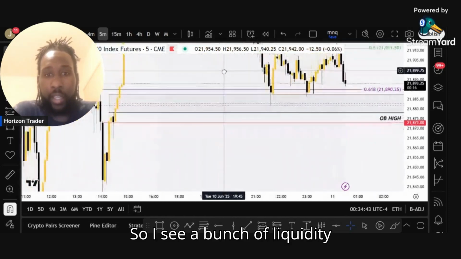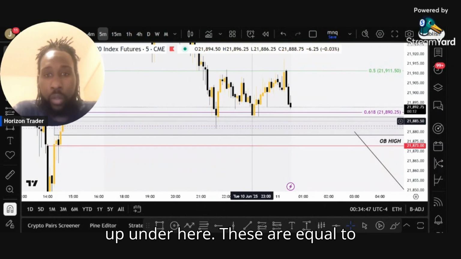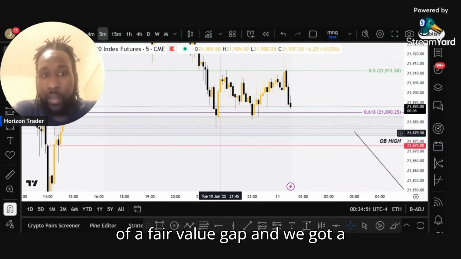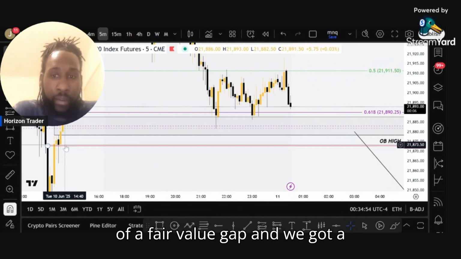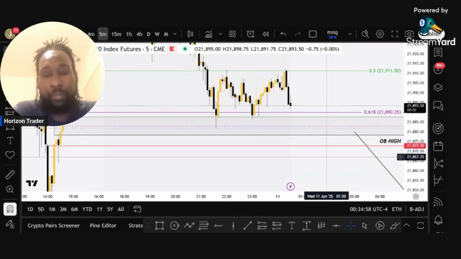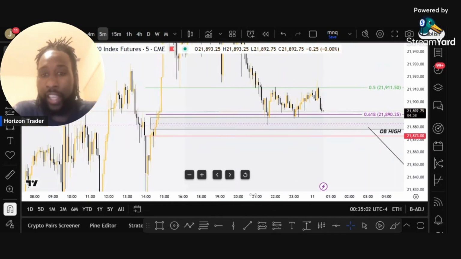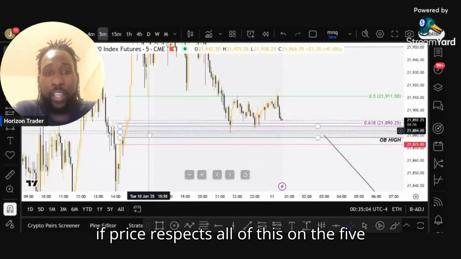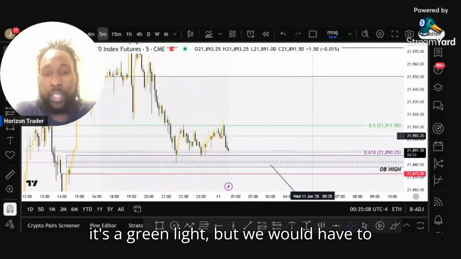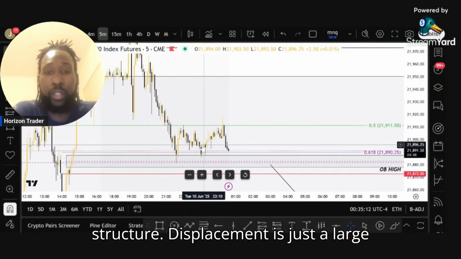So I see a bunch of liquidity up under here. These are equal relative lows right here, and it's inside of a fair value gap. And we've got a 5-minute order block right here. I'm still looking for buys. If price respects all of this on the 5-minute, it's a green light, but we would have to wait for displacement and a break of structure.